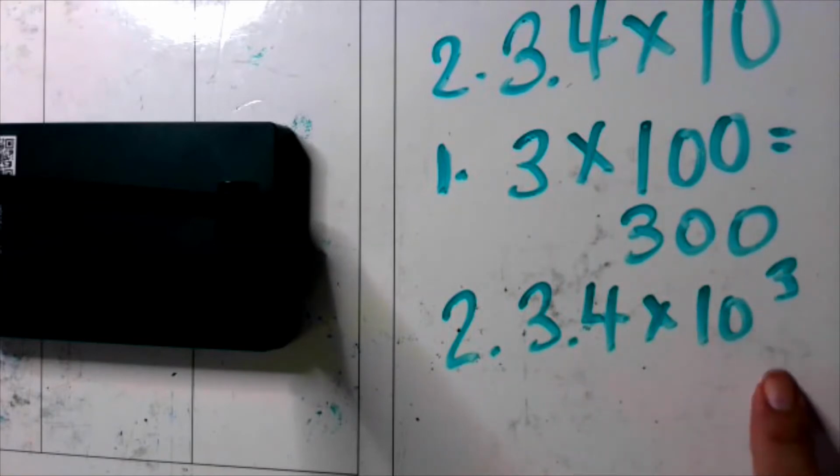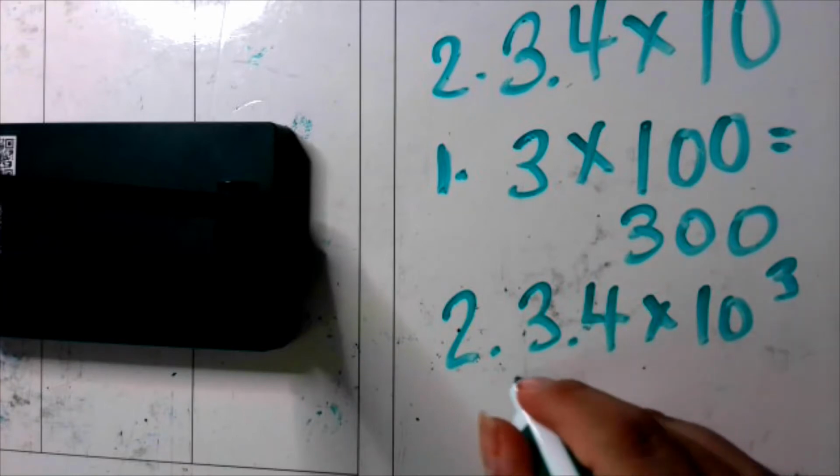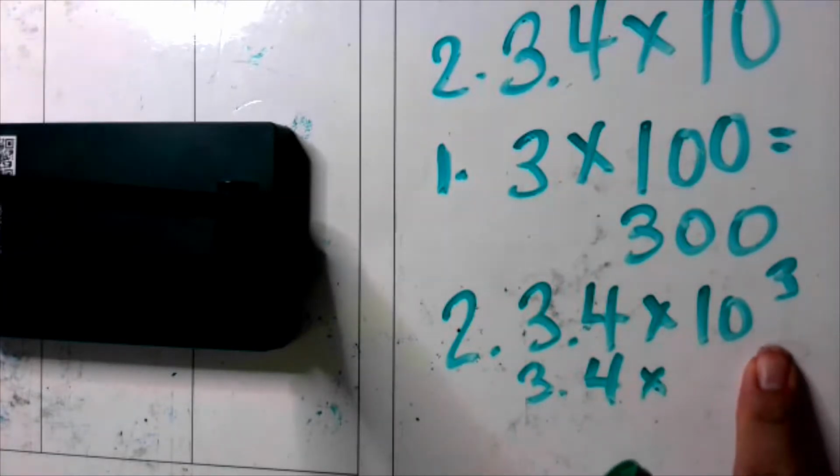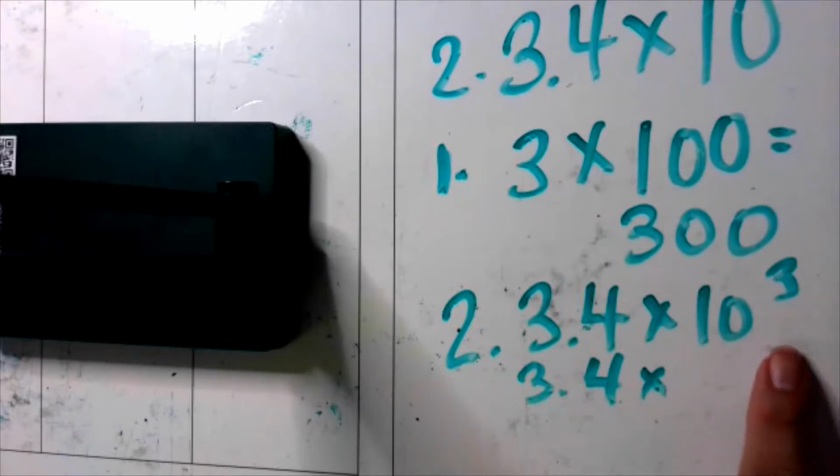We don't have like 100, we don't have 1,000, we don't have 10,000 and things like that. So the first step that we need to do is make this exponent into a number, and we need to figure out the product. We need to figure out how to write it in standard form.